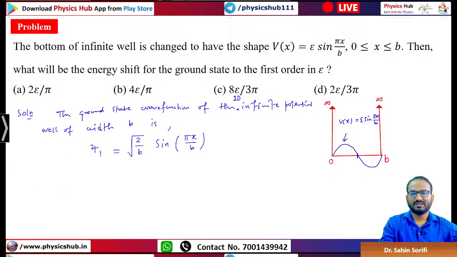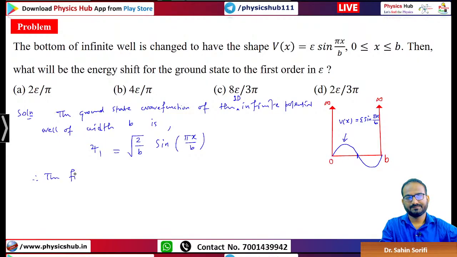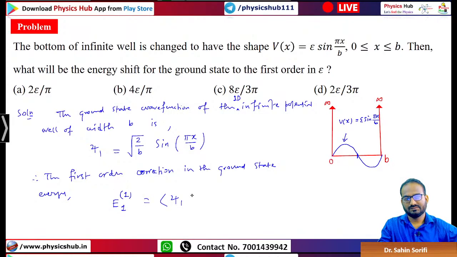Now, you have to calculate the energy shift of the ground state to first order in epsilon, that is, the first order correction in the ground state energy. What will this be? Ground state is E1, first order correction, so E1 superscript 1 equals psi 1 H prime psi 1.